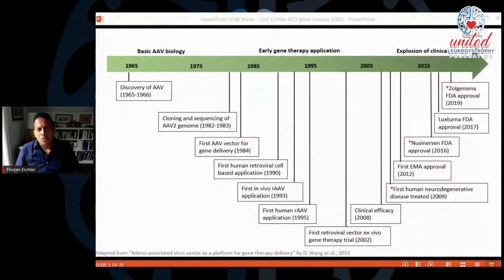More recently, we have seen first approvals of gene therapy by FDA, both nusinersen for spinal muscular atrophy, as well as Zolgensma for SMA as well. And we are seeing that FDA is increasingly aware of the potential of gene therapy and is providing more guidance on how to arrive at regulatory approval for some of these desperate and degenerative neurological diseases. Next slide.